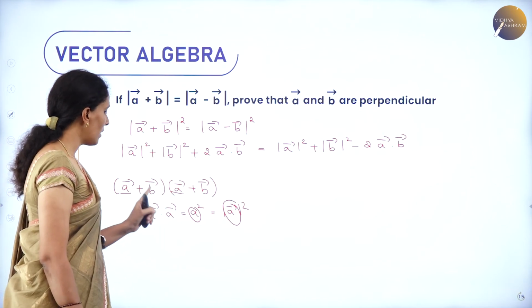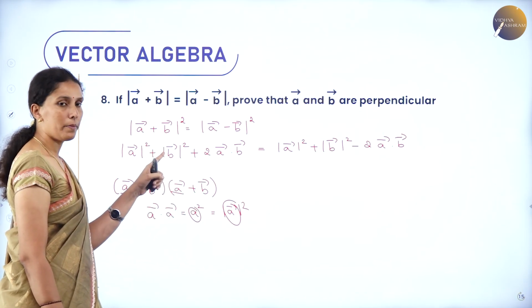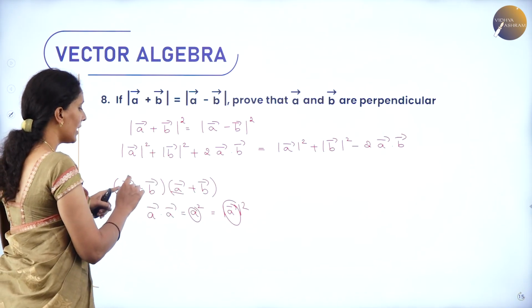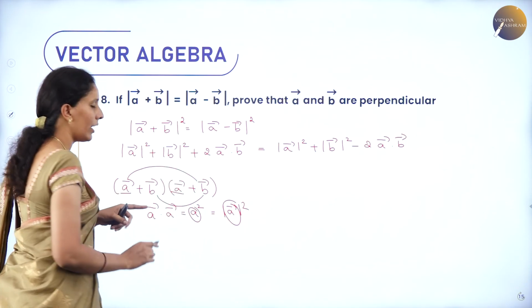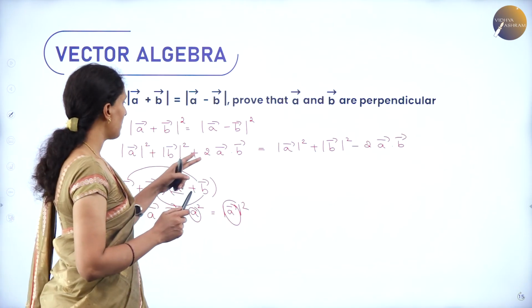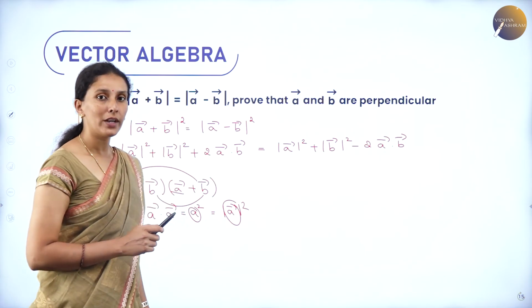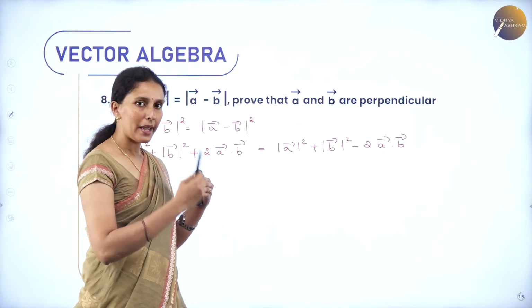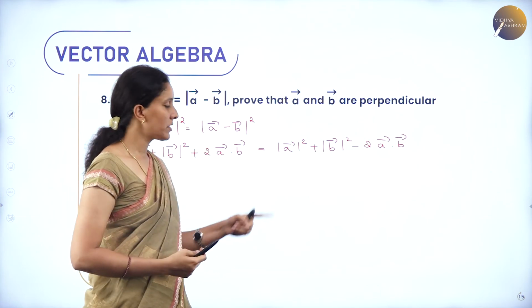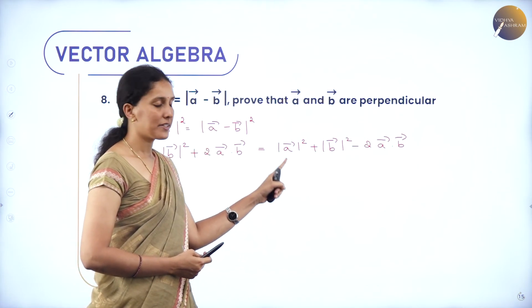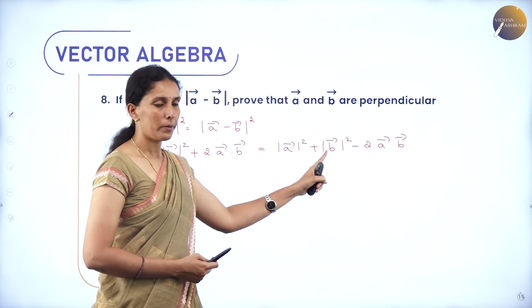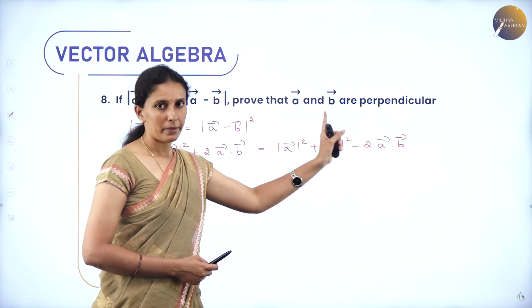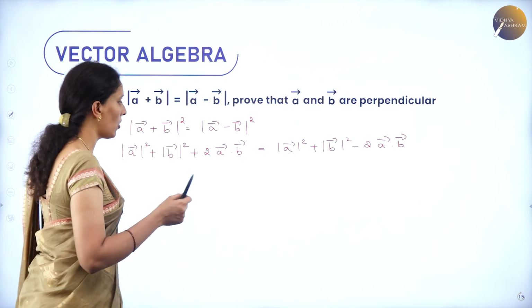That is why B dot B I have taken as mod B square. Now coming towards A dot B, B dot A, since they are one and the same, I can write 2 times A dot B. So here also multiplying A minus B 2 times, A dot A becomes mod A square, B dot B becomes mod B square, and 2AB becomes minus 2 times A dot B.